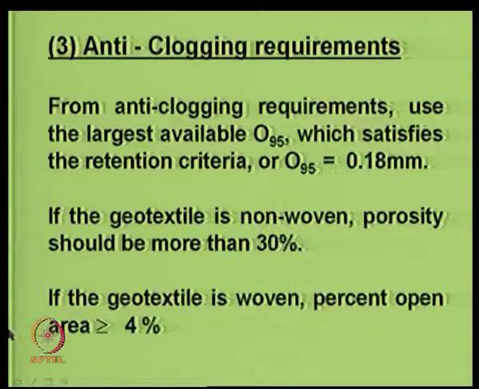Then, if the geotextile is woven, the percent open area is important. For example, these are all woven materials in this case, and this also of course is woven. So, you can see that some of these specifications should be satisfied to see that it is going to perform as a good filtration material.